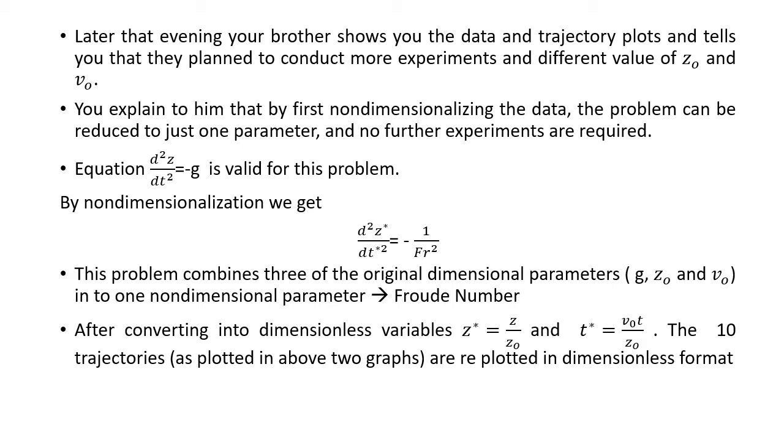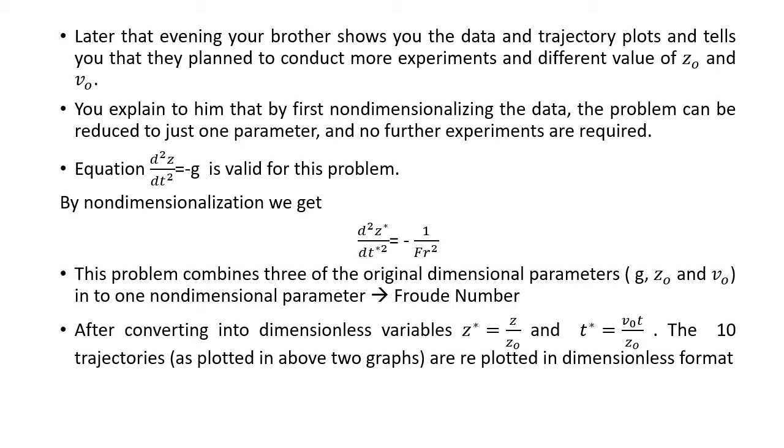If you non-dimensionalize the data, you need to conduct only one experiment. Otherwise, if you go by the raw method of conducting experiments at different heights and different velocities, you need to conduct a large number of experiments to understand the relation between Z0 and V0.